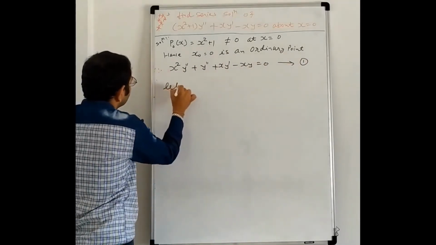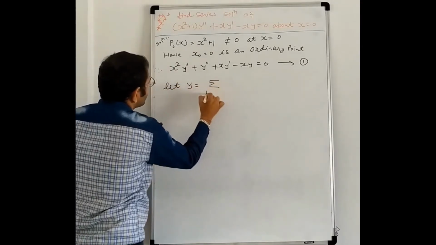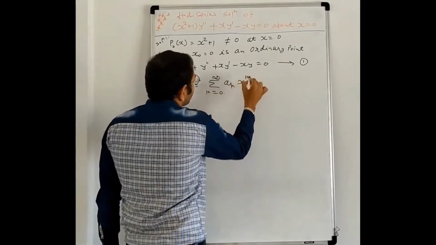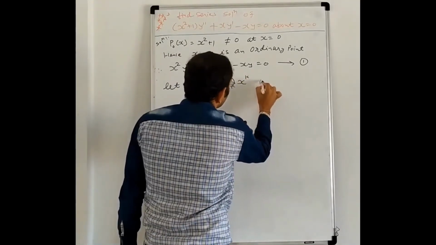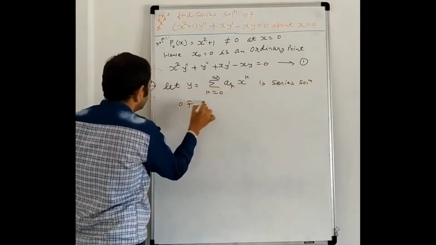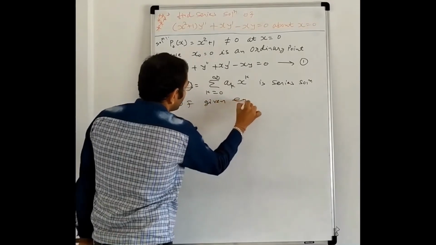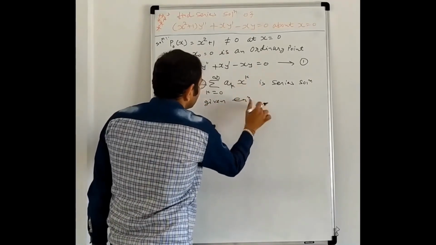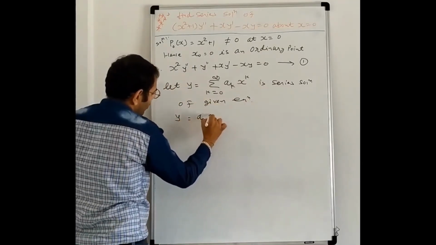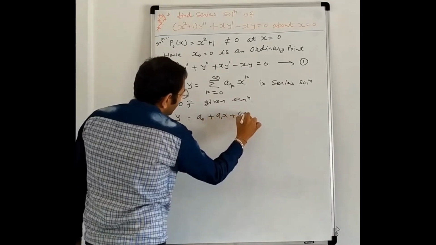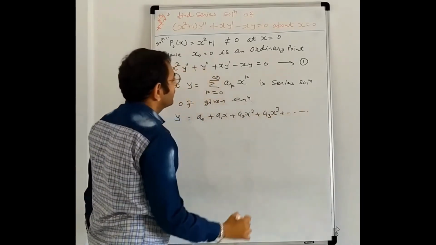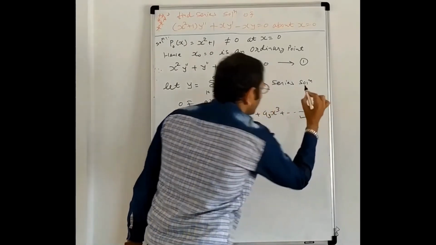Let y equal to summation k equal to 0 to infinite ak x raised to k is series solution of given equation. Now expand this equation, then a0 plus a1x plus a2x square plus a3x cube and so on. That is our equation number 2.